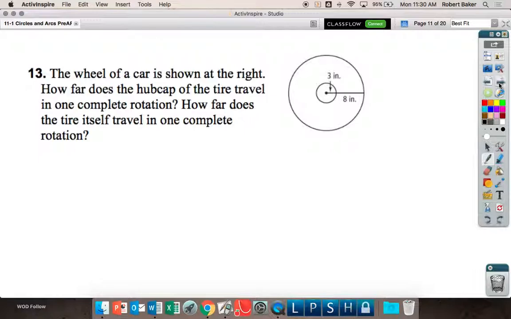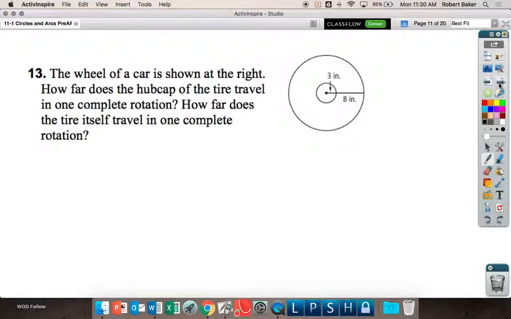And what is the difference in the distance that the hubcap travels and the tire travels? So I'm putting this wheel on the ground and I'm doing one full rotation, which is asking you for what? Circumference. So I'm asking you, what is the circumference of the tire? What is the circumference of the hubcap? And what is the difference in their circumferences?